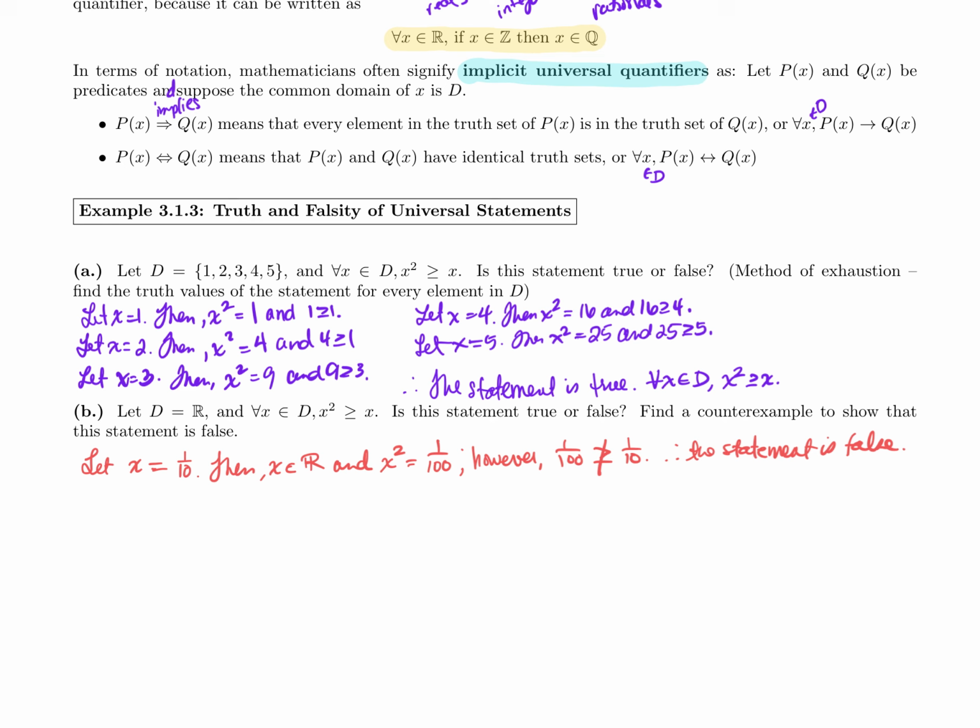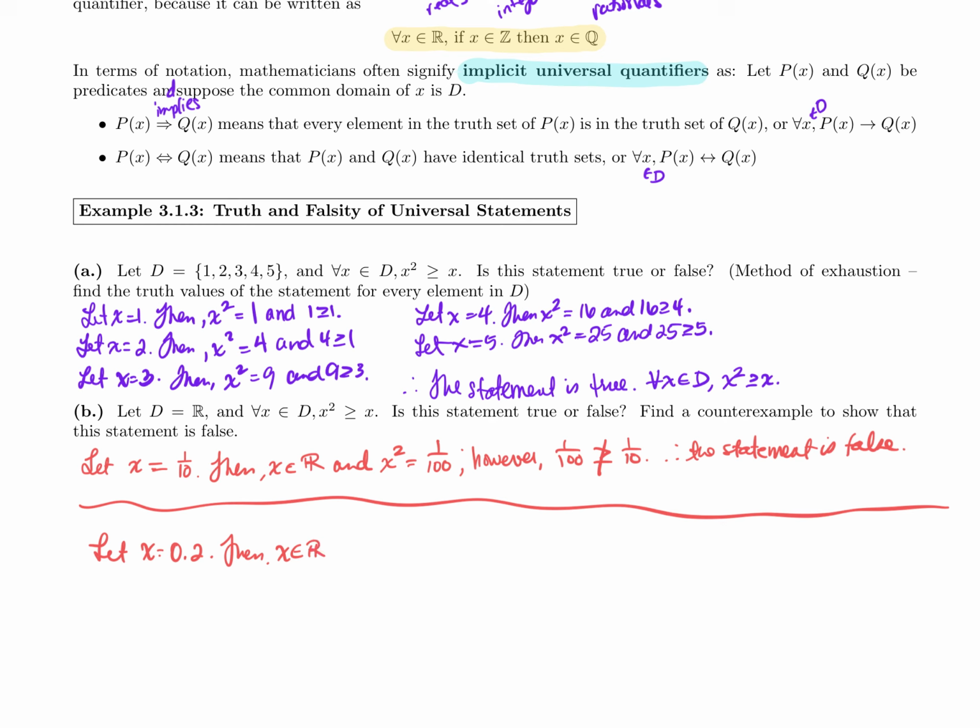If we wanted to do this with a separate example, we could say, let x equal, and we'll do it with a decimal this time, how about 0.2? Then we know that x is a real number, and x squared would be 0.04. Remember, 0.2 squared is 0.2 times 0.2.